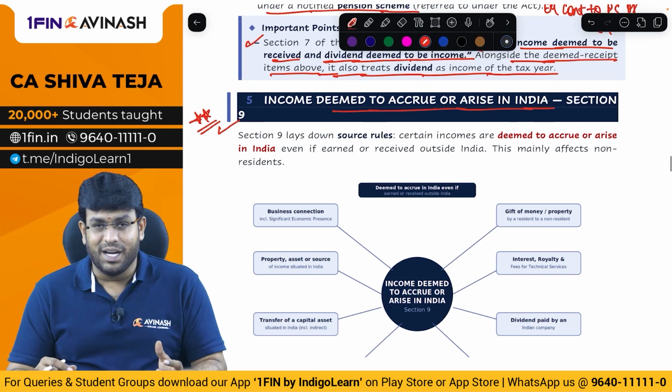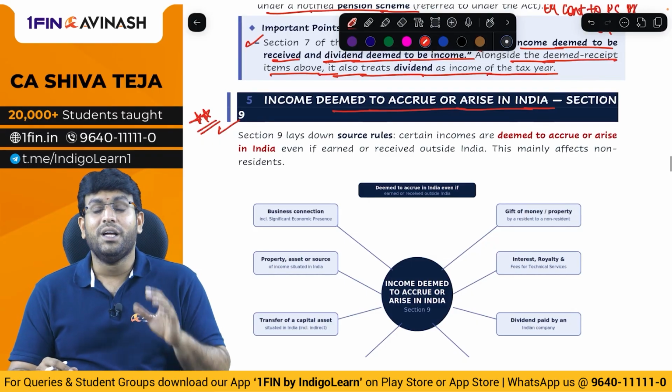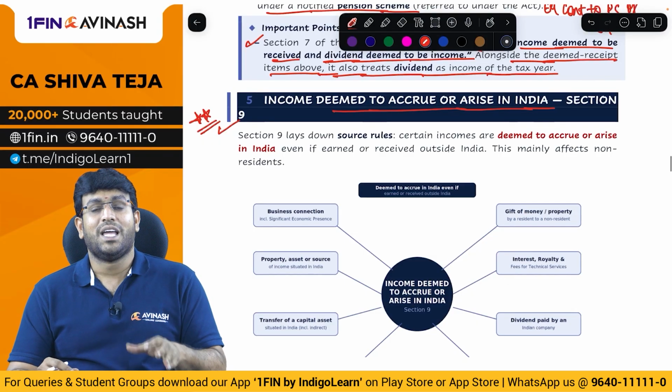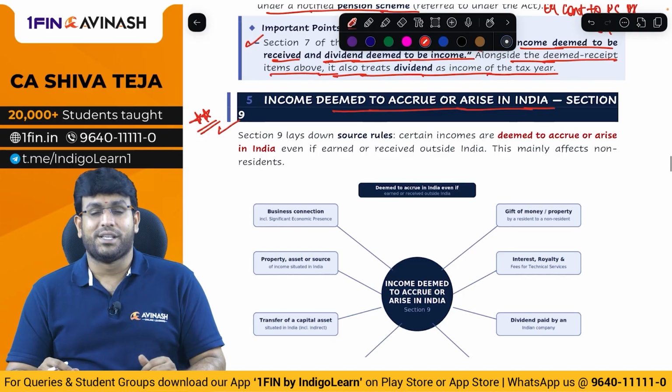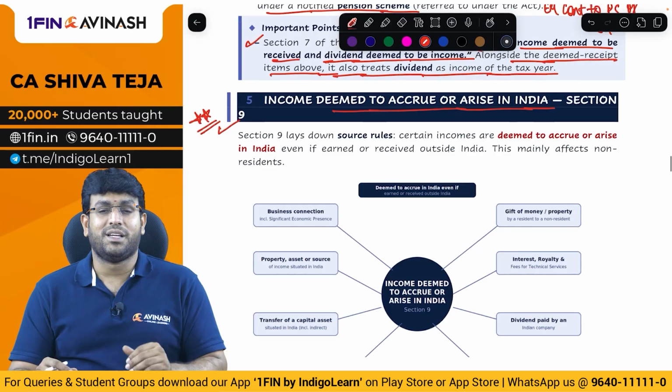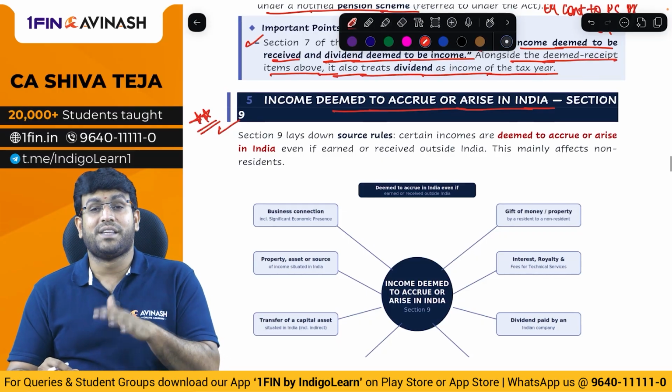And if income is Indian income, we will tax it for ROR, RNOR and NR. If income is foreign income, we will tax only for ROR, and we will also tax for RNOR in two cases. What are the two cases? Business income, which is controlled wholly or partly from India. Professional income, which is set up in India.